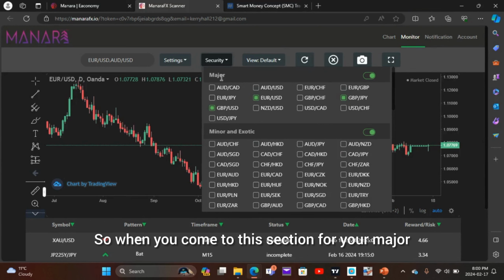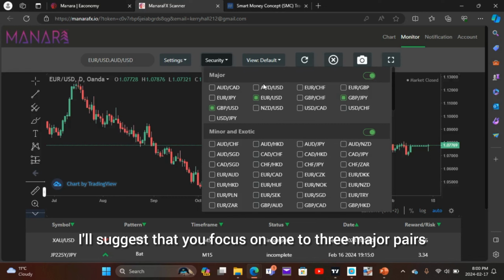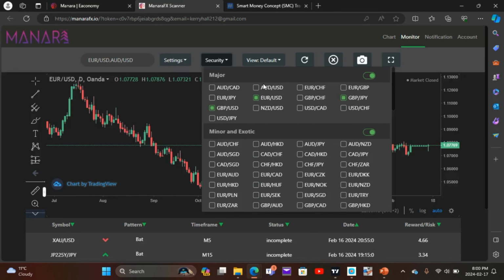For the majors, if you are new to trading, I suggest that you focus on 1 to 3 major pairs, no more, because then you'll have a better idea of how these pairs move, so that you recognize how they move on a daily basis. That's just my recommendation. At the end of the day, it's your trading account. You can do what suits you.